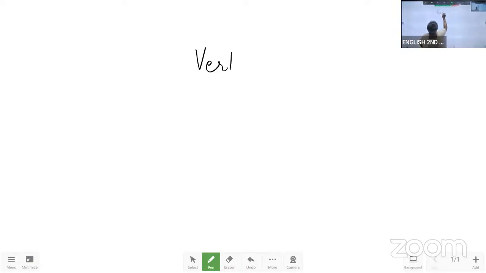Verbs are of two kinds. Don't think that I'm telling 10 times, because many of them, when we ask what verbs are, they only say action word. It is more than action word, children. Verbs are of two kinds.